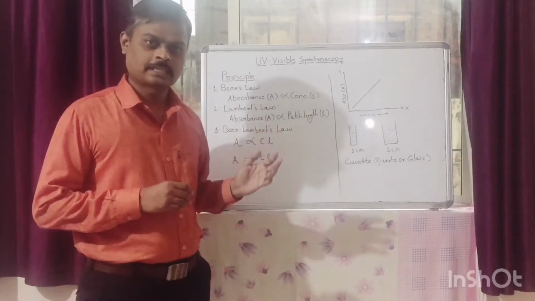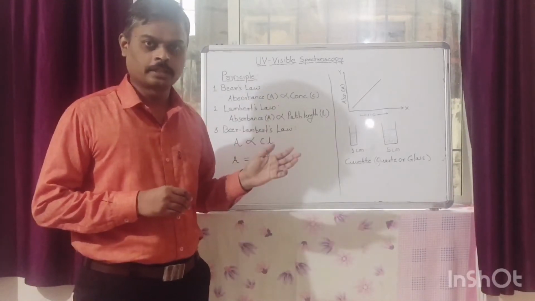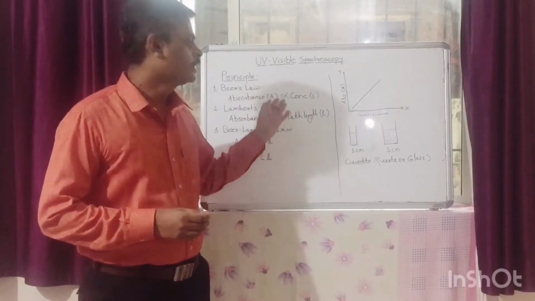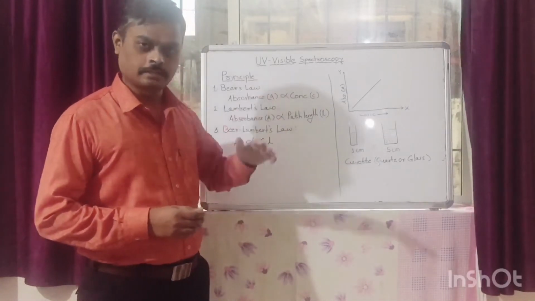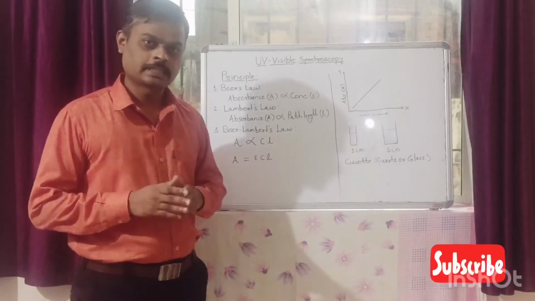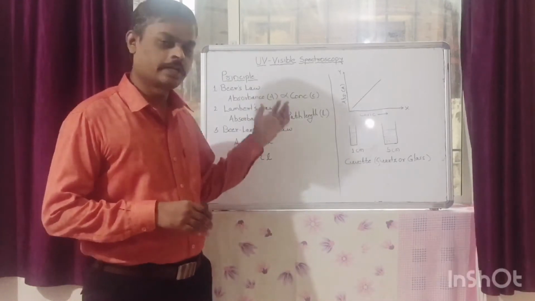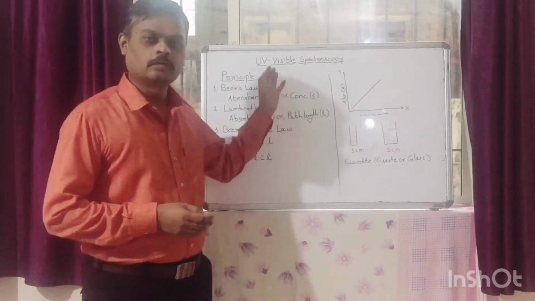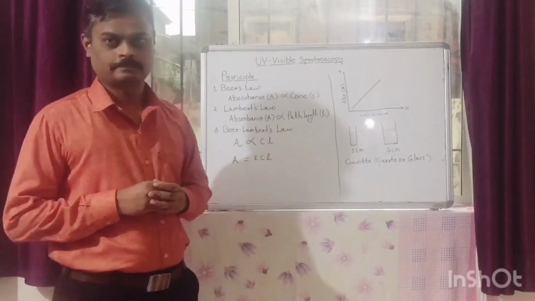The wavelengths between 185 nanometer to 400 nanometer fall under the ultraviolet region, whereas the wavelengths from 400 nanometer to 800 nanometer fall under the visible region.